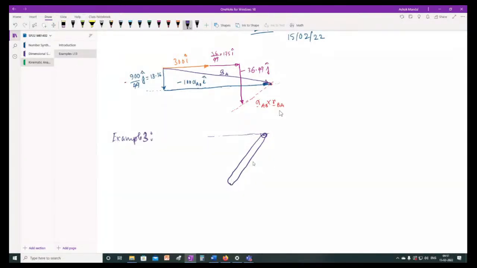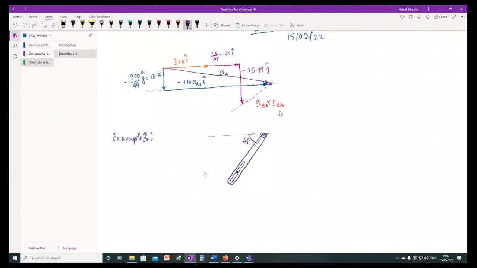So at this instant, this angle is 45 degrees, and this link has a slot within it. And in this slot there is a pin.